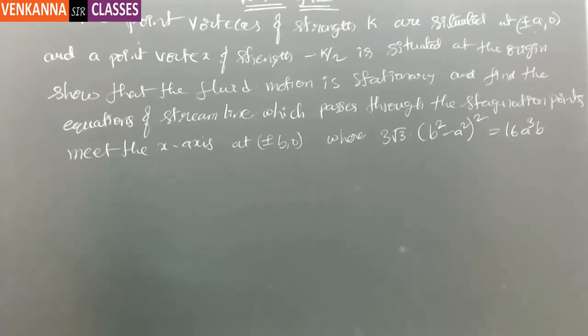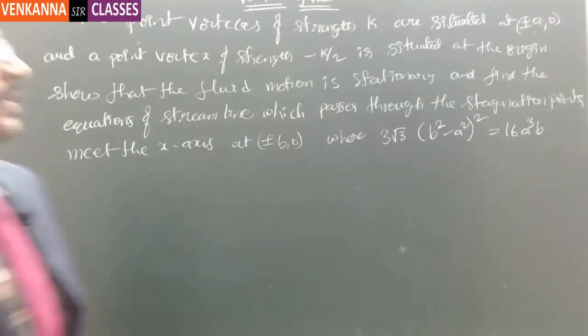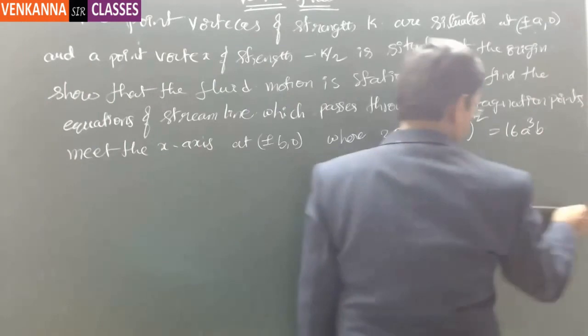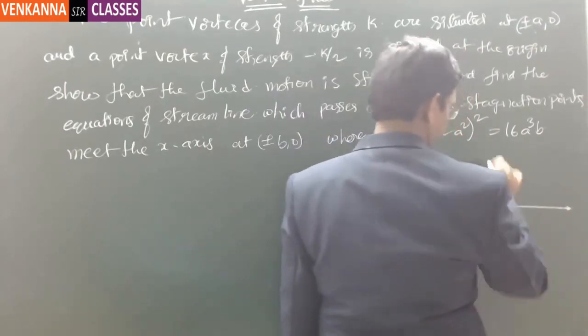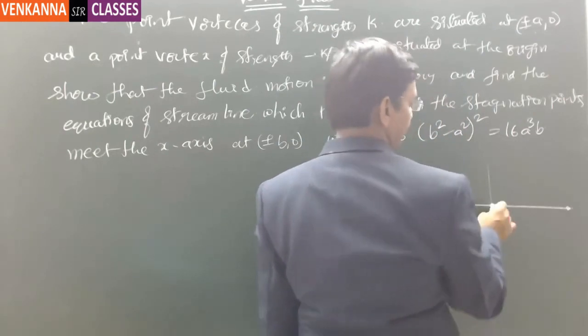and try to understand. 2 point vertices of strength K are situated at 2 different locations. So this is one location and this is another location. Let us say this is the origin.